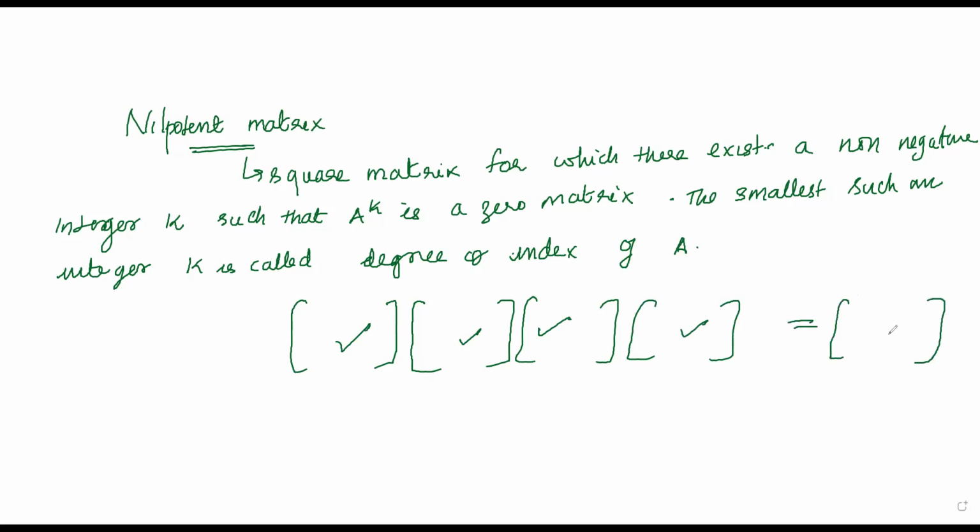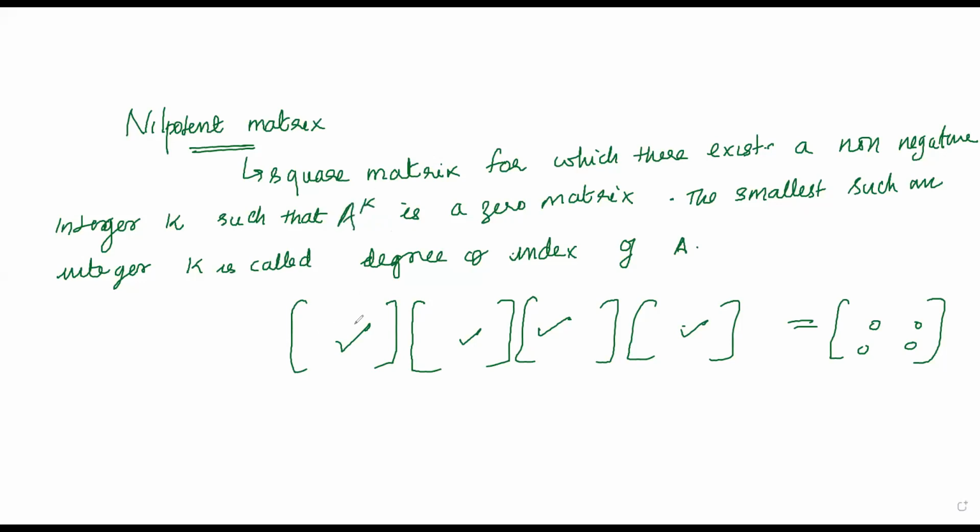Suppose when I multiply it 4 times, I get a zero matrix. Then such a matrix is called a nilpotent matrix. And the number of times I multiply to get 0 is known as its degree.